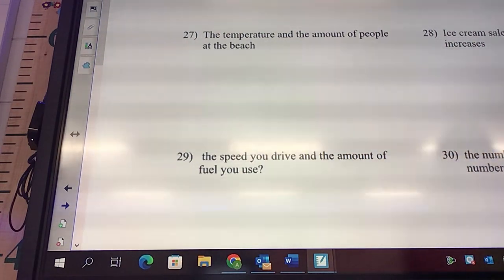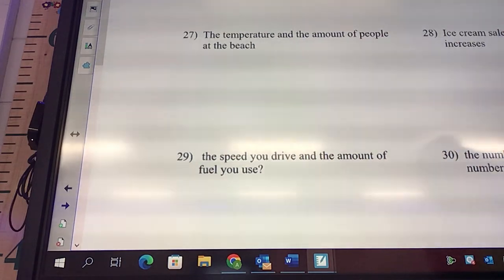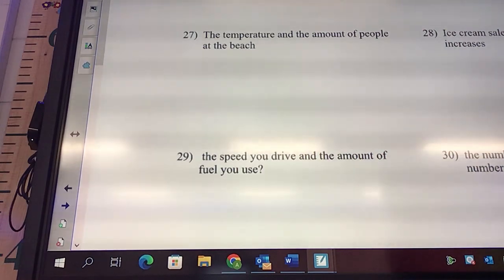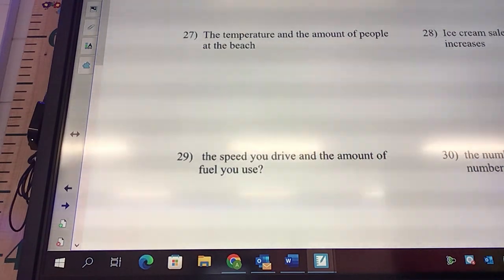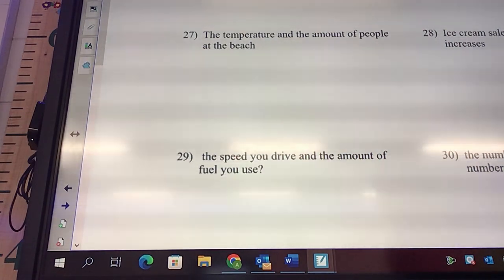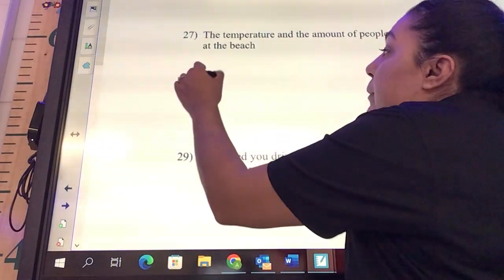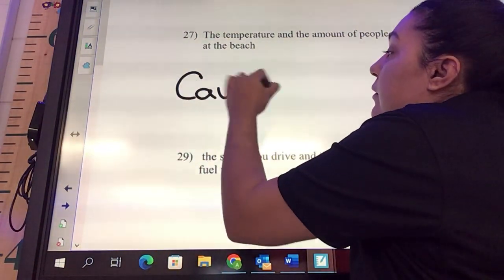Okay, so some beaches are super cold, some beaches are super hot. Typically the hotter it is, are you going to see more people at the beach or less people at the beach? The temperature does kind of cause people to be at the beach, so I'm going to say cause.